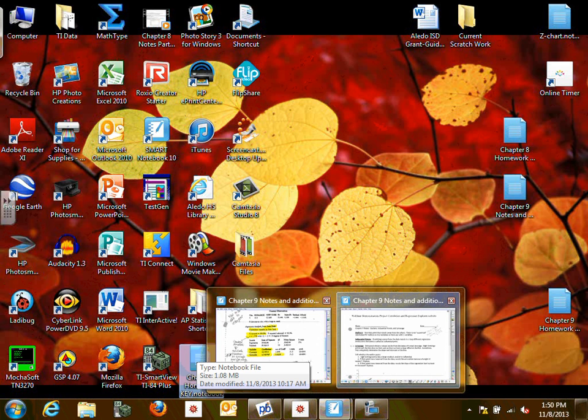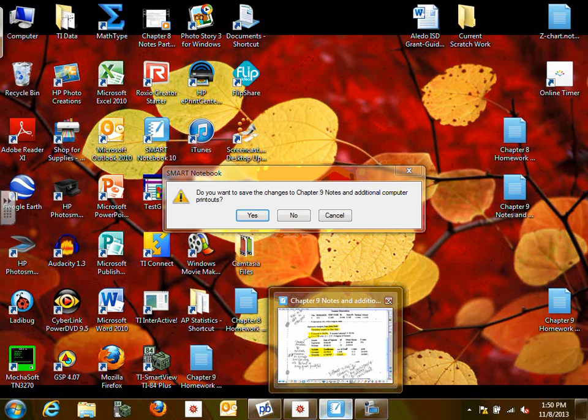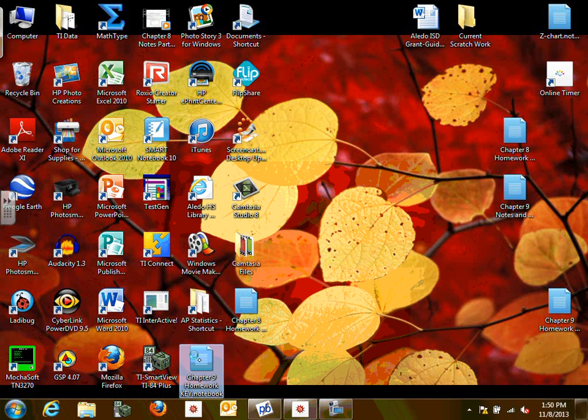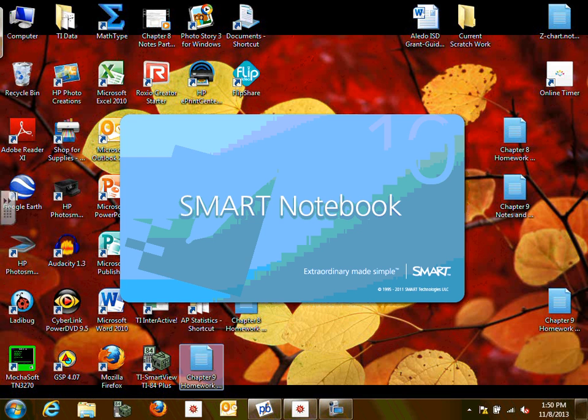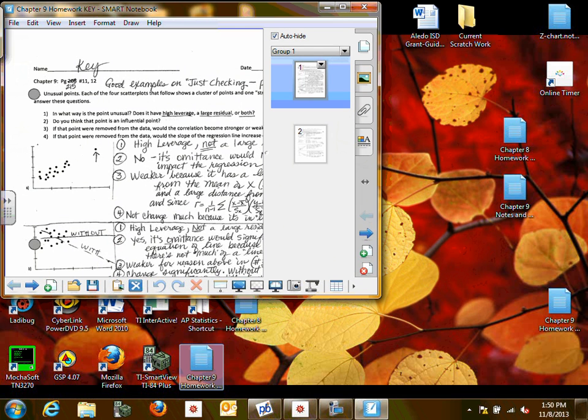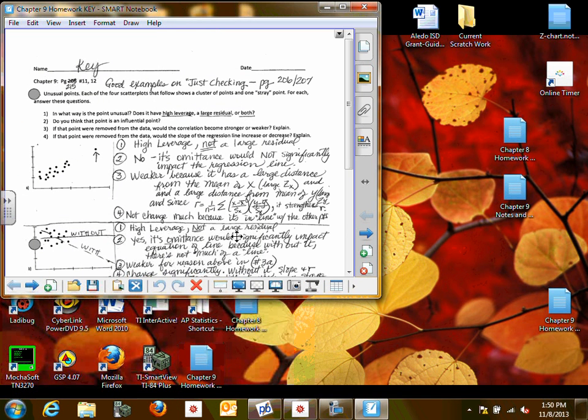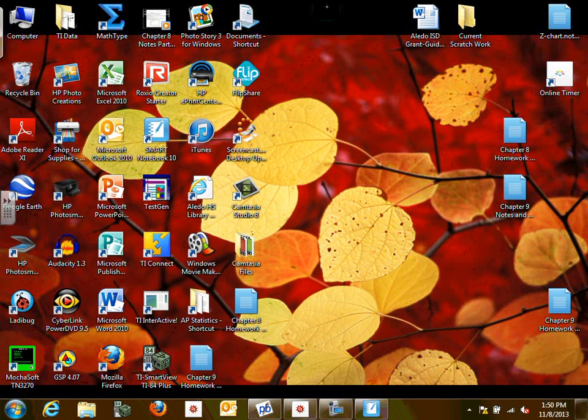On your homework, the first page has the same kind of pictures where you're going to be doing those same questions. And then I have a couple of chapter 7 and 8 extra practice problems. This is the answers to the homework, so there you go. Now you can go back through that and find it.